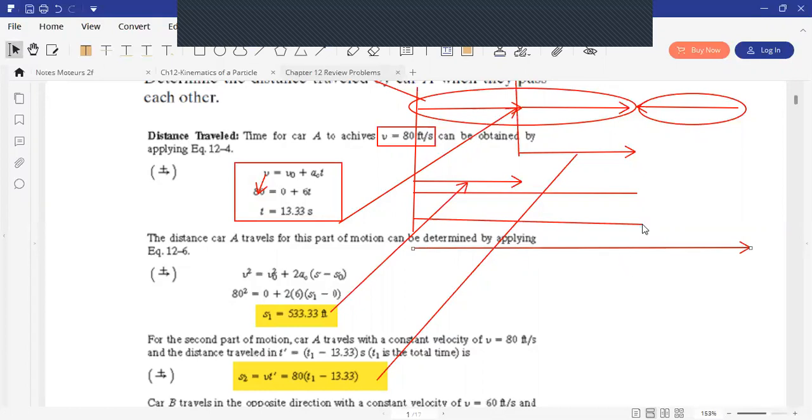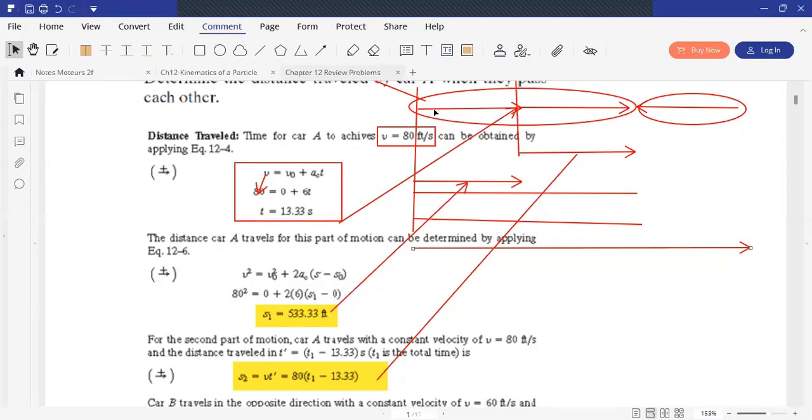And the coordinate of B from the origin is the distance from here to this point. So if I want to find this coordinate, I should do 6,000 minus this distance, which is S3. So the coordinate of B is 6,000 minus S3. And I should put SA equals SB, and I get the time.